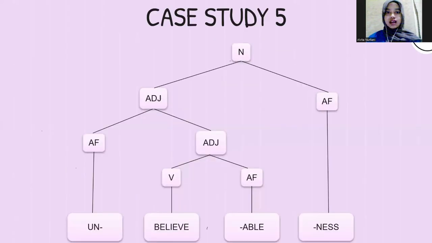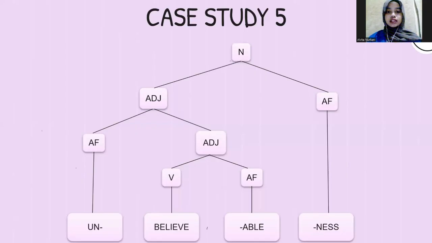And then this slide is about the morphological tree structure of the word unbelievableness. The root word here is believe, which is a verb, and if it adds the affix able, believable, it changes the meaning and also the word class into an adjective, believable.